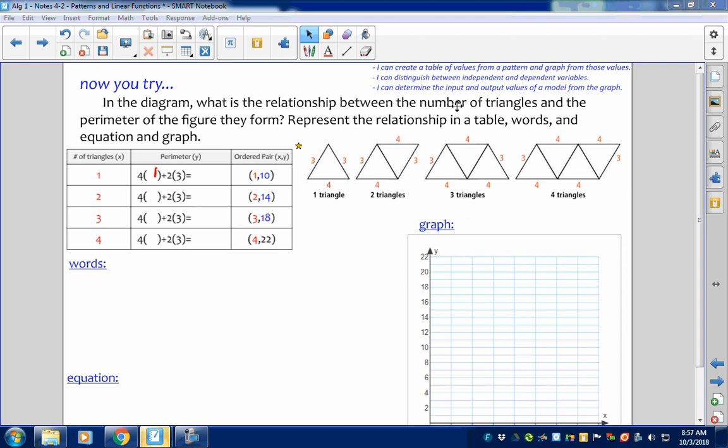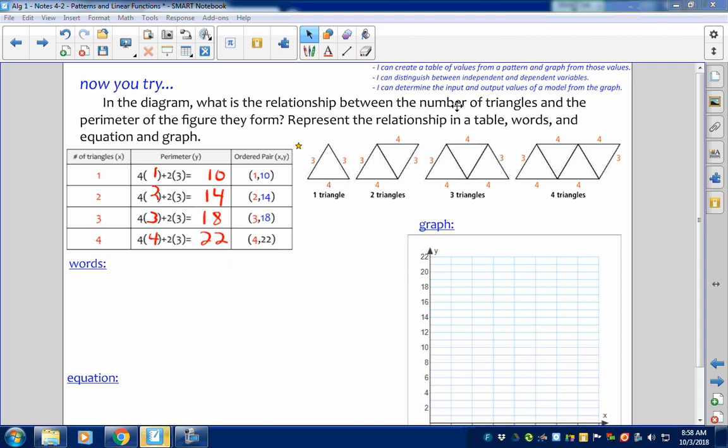And so, if I can get this to work here, maybe, the fill-ins would look like that. So you have 4 plus 6 is 10, and then 8 plus 6 is 14, and then 18, and then 22. What do you notice this is going up by each time you add a new triangle?